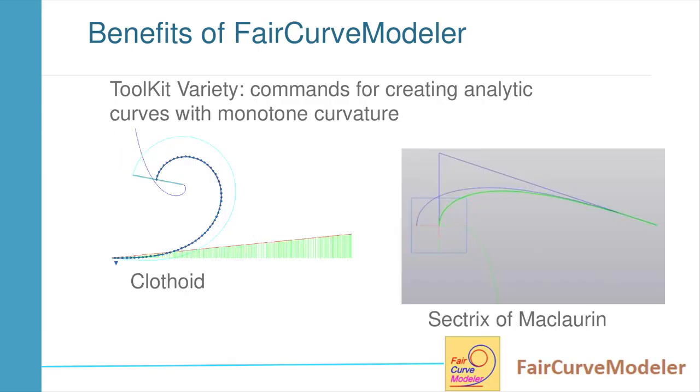Two remarkable analytical curves are introduced directly as construction commands into the Fay curve modeler system. Clothoid, a curve with monotone linear curvature. Maclaurin sectrix, a curve with monotone curvature defined in an osculating triangle.